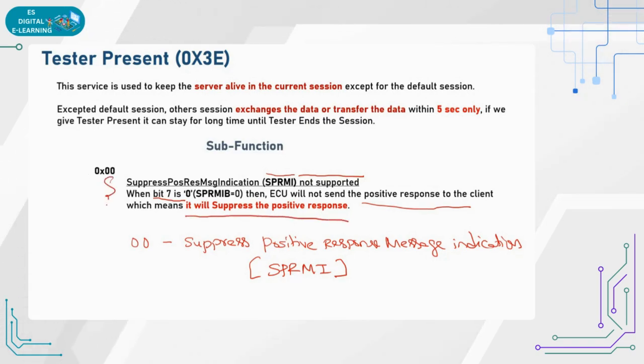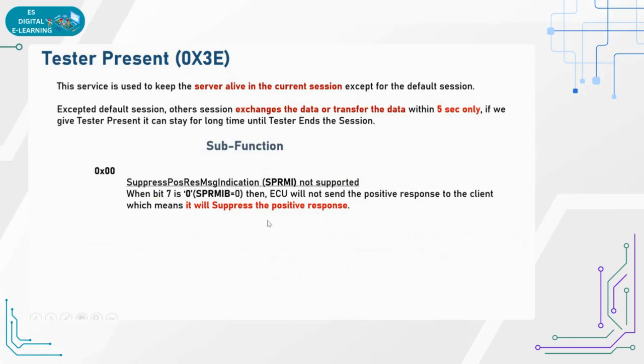These are three very important points you should write down: 0, 0 means suppress positive response message indication, SPRMI not supported. When bit 7 is 0, the ECU will not send the positive response to the client, which means it will suppress the positive response. In interviews, they will ask you. This is a tough concept you need to remember.